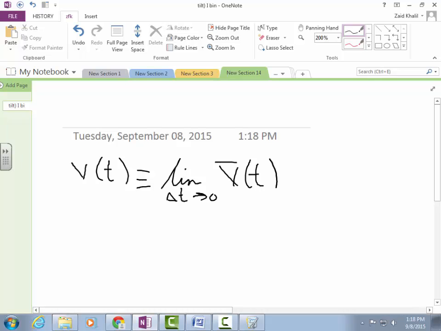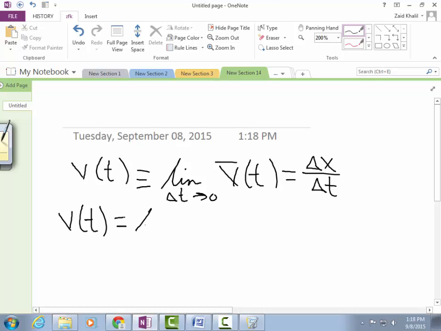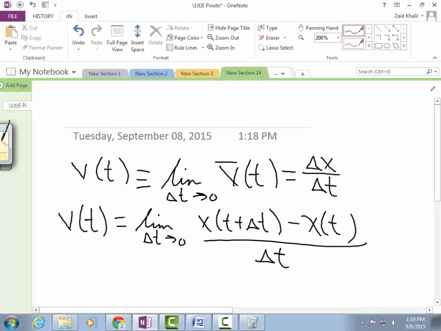The average velocity, meaning it's the change in x over the change in time, so in other words, this is x of t plus delta t minus x of t over delta t.